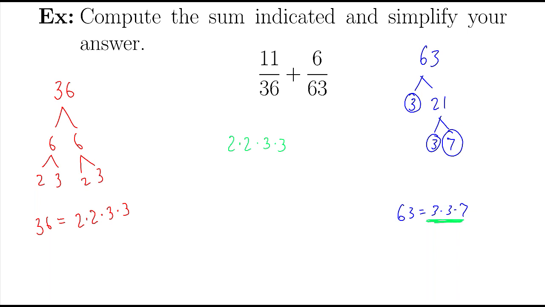Well, it has a 3, which we're covered on, but it also has this extra 7, so I need to add that extra 7 in. So 2 times 2 times 3 times 3 times 7 is 252. That's going to be my common denominator. All that work just to find the common denominator. This will always work if you're trying to find a common denominator, but there we go.